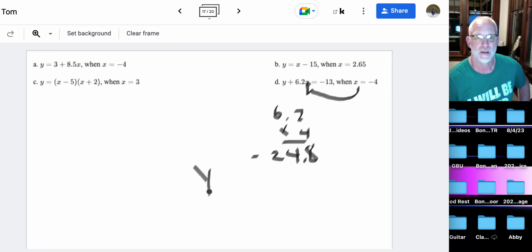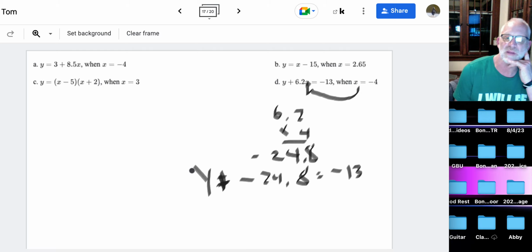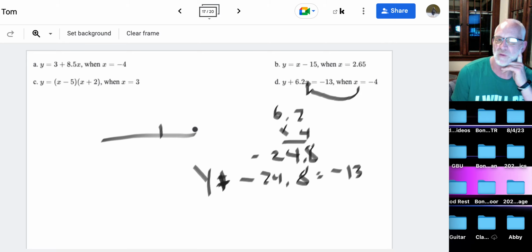So y plus negative 24.8 equals negative 13. And what I did on mine, and you can think of this in a number of different ways, but you know it's got to be some kind of positive number over here, because we're going to start over here somewhere, and we're going to take 24 away, and we're going to wind up at negative 13.